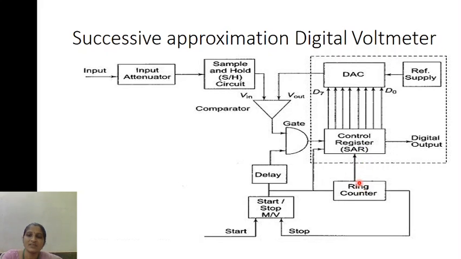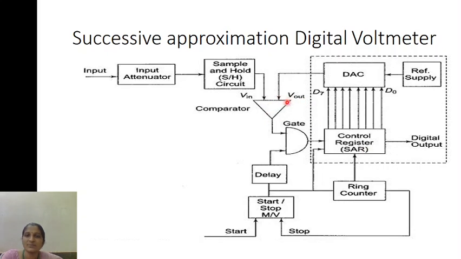This ring counter will increase the counter and also it will send the signal to the delay so that the calculation is appropriate. After the successive approximation register contains the data, it is given to the digital to analog converter. Here the digital data is converted to analog data and the analog data is given to the comparator. So this comparator will process only the analog data.